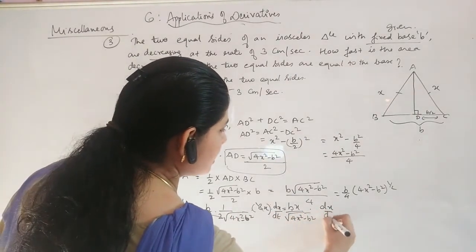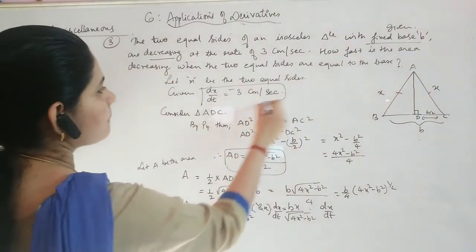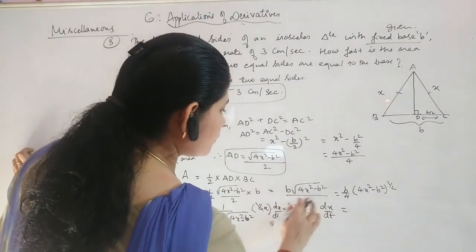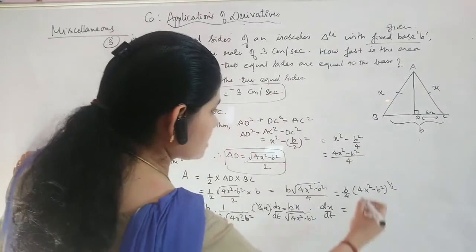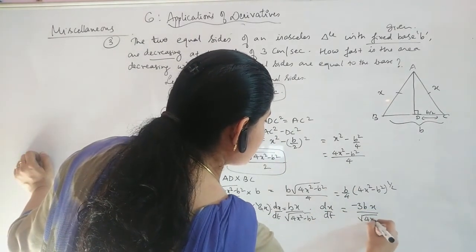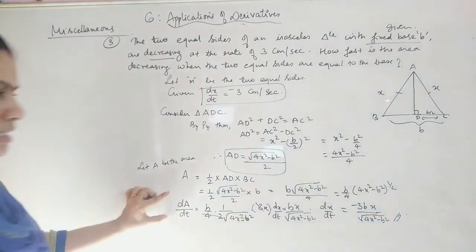Otherwise it will go wrong. Now, what is dx by dt? Minus 3. Replace it there, so this gives you bx and minus 3. So minus 3bx divided by root of 4x square minus b square. So this is what you have got as your dA by dt.